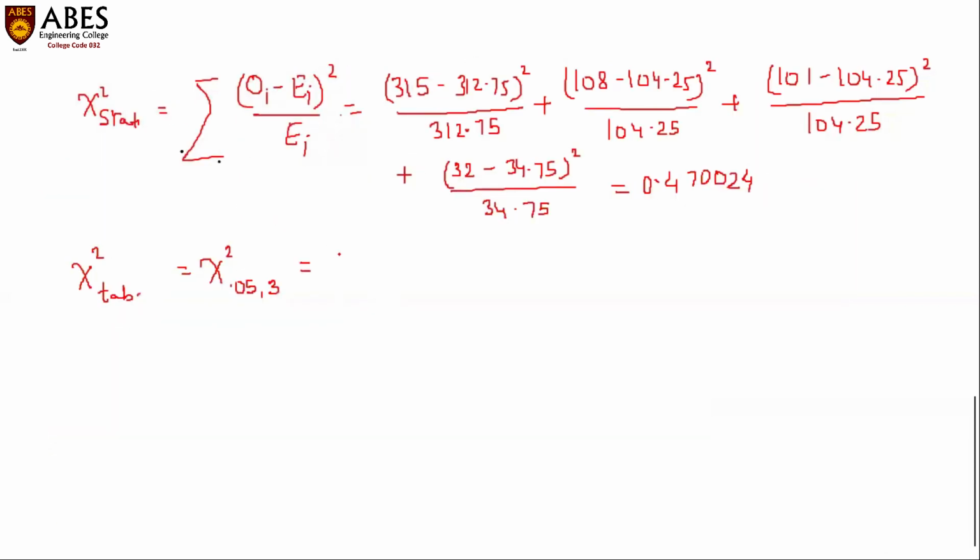You can see very easily that chi-square statistics is less than chi-square tabulated, which means that H naught is accepted. That means the difference between theoretical results and the experimental results is insignificant, or theory is supported by the experiment. So this is how we have performed chi-square test on this experiment.